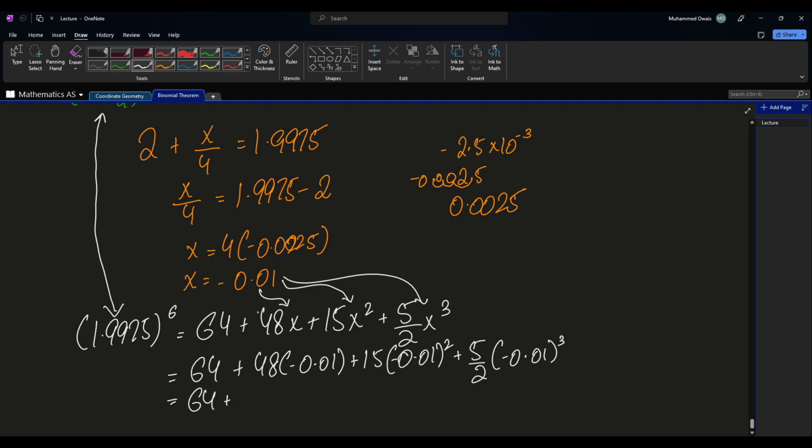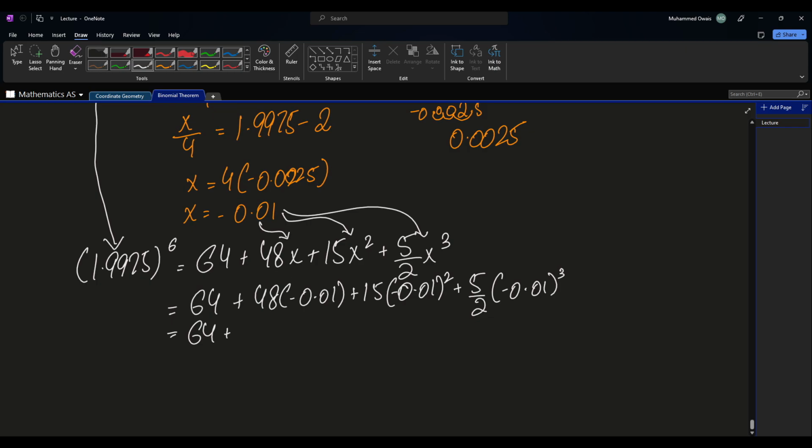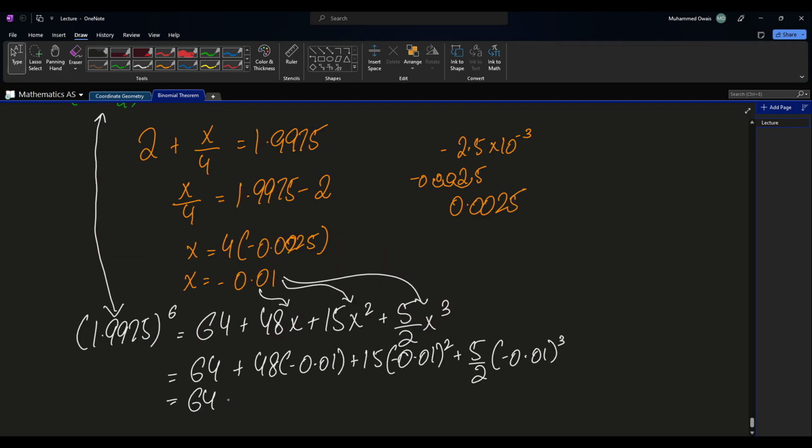So negative 48 into 0.01 would give me 0.48. Now 15 into negative 0.01 squared gives me 1.5 exponent minus 3. Then negative 5 over 2 into 0.01 cube gives me negative 2.5 exponent minus 8.